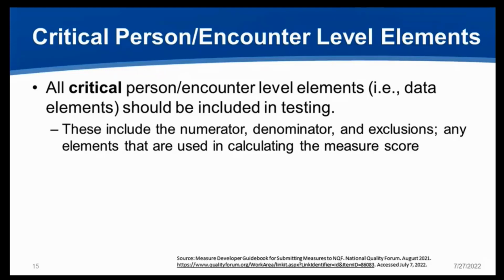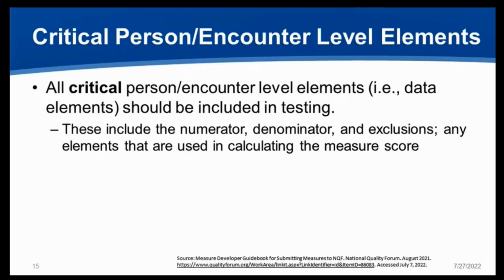For eCQMs, this is typically done by randomly selecting a sample of patients and comparing data elements that are electronically extracted from an EHR with a manual chart abstraction that uses the entire EHR. The idea is that sometimes structured EHR fields may or may not be an accurate representation of care. The manual abstraction will often pick up data that may be embedded in non-discrete or non-structured fields, such as physicians' or nurses' notes.